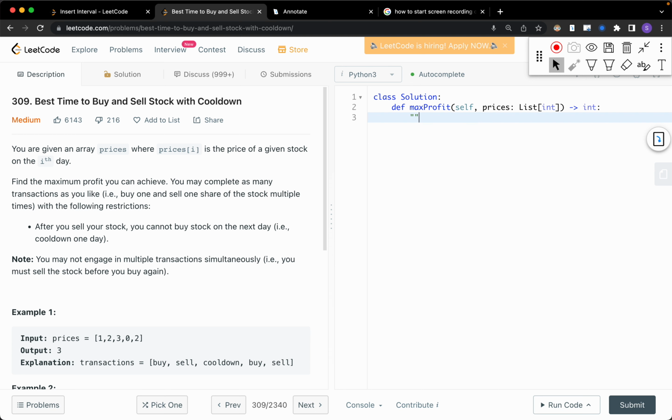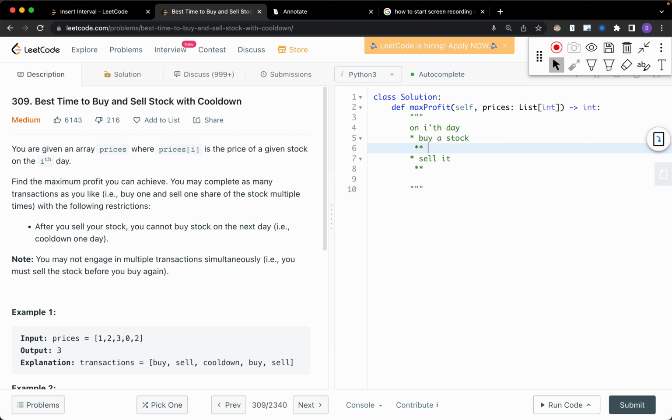If you look at this problem, there are a couple of observations that we can make. On any ith day for that matter, we can either buy a stock or sell it, right? So there are two options, but if you look closely, there is another observation: you cannot buy a stock once you have already bought it, right?